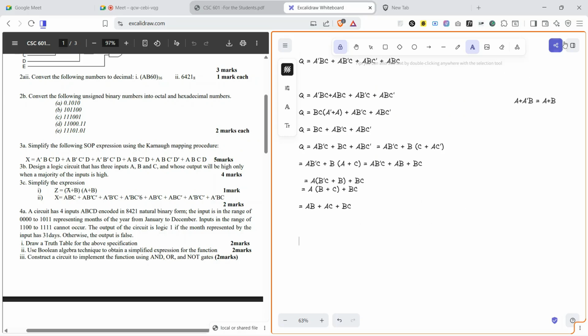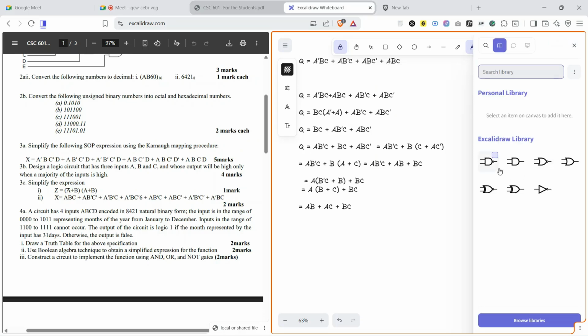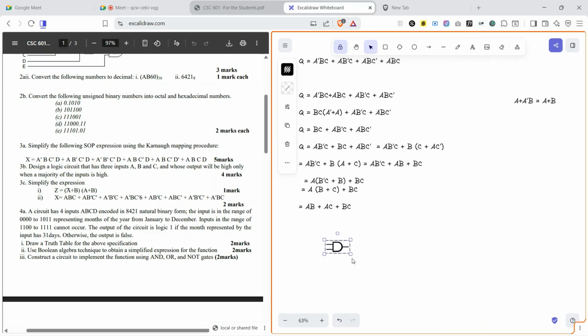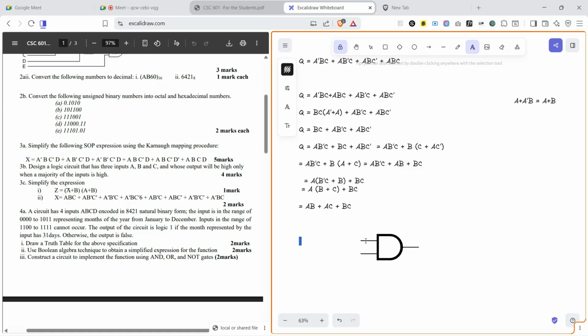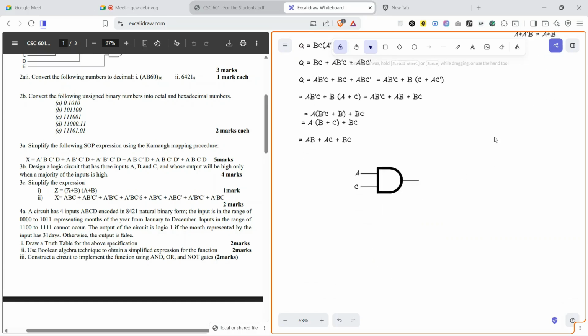We draw AB, A dot B, so an AND gate, then AC.